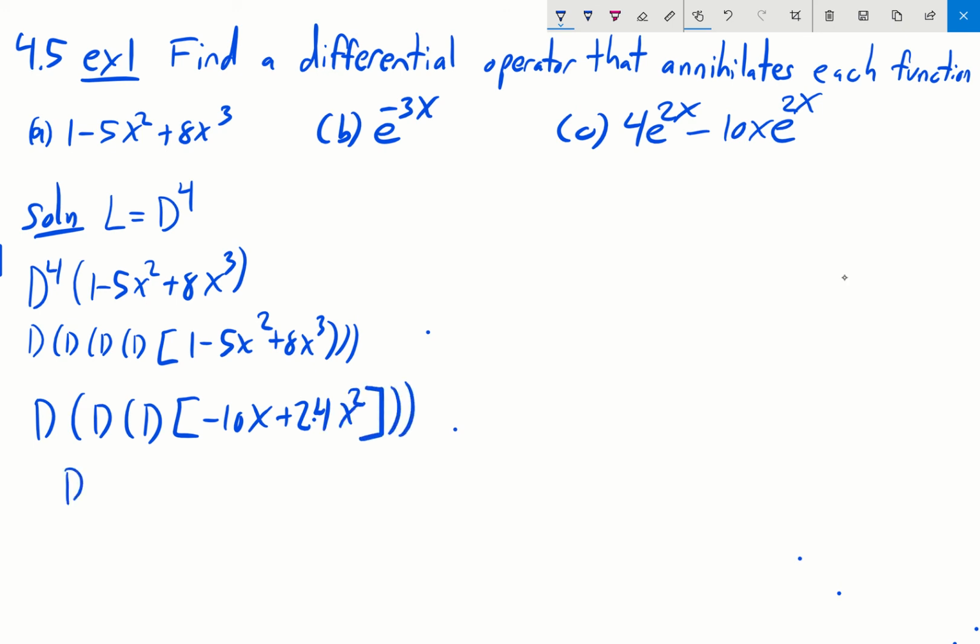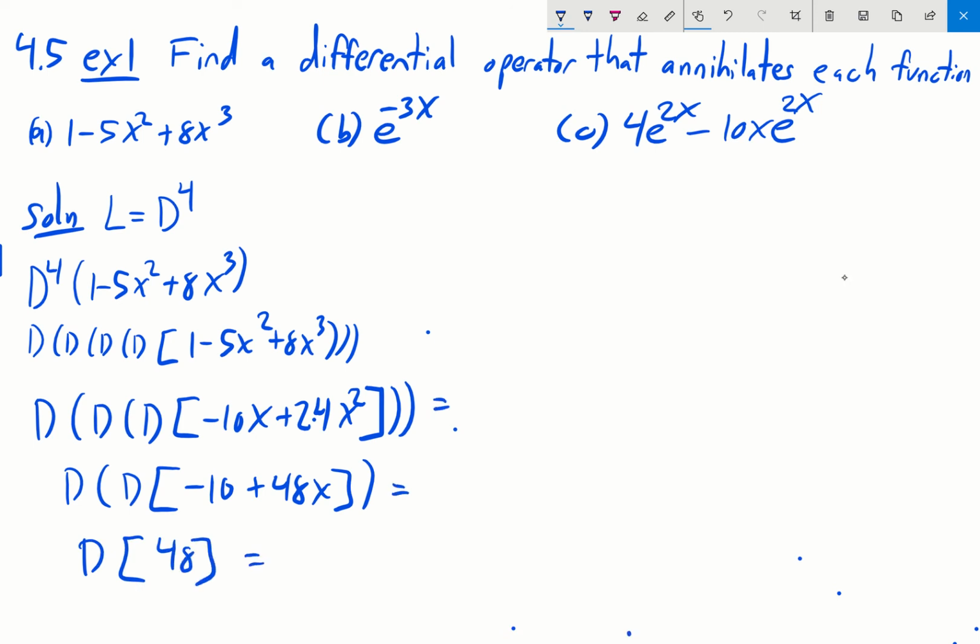We now take the second derivative, differentiate again. That's going to give us negative 10 plus 48x. Differentiate a third time, we get 48, and then differentiate one more time, and we get 0.